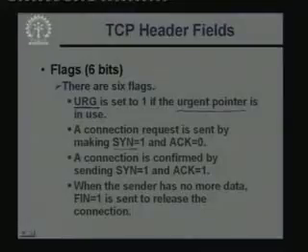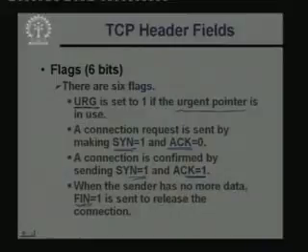And there is a SYN flag and an ACK flag. If SYN is 1 and ACK is 0, this means the sender is trying to send a connection request. If both are 1, it means the connection is confirmed. There are other combinations also, and FIN is another flag, finish.